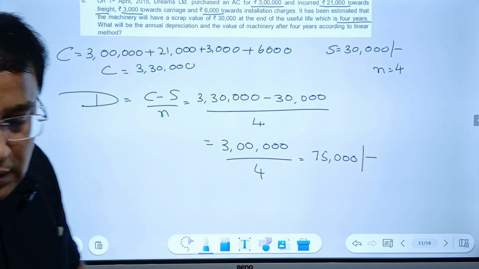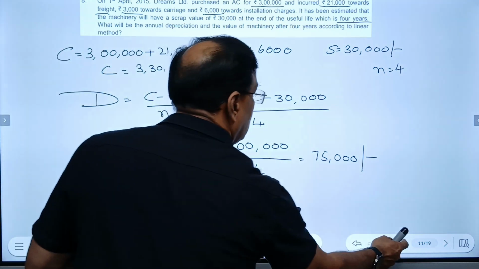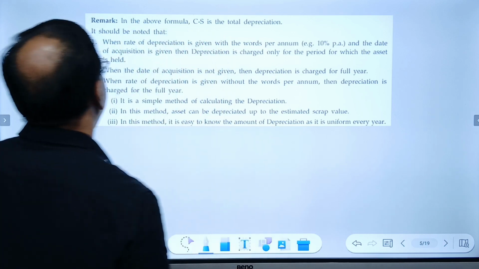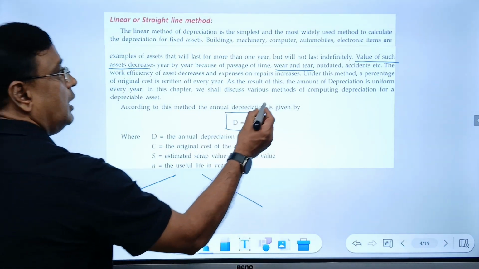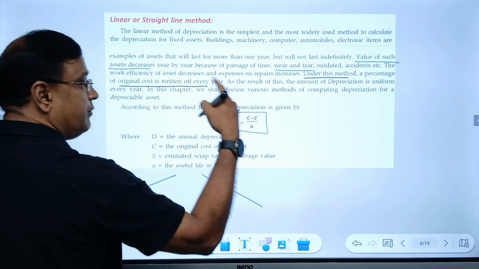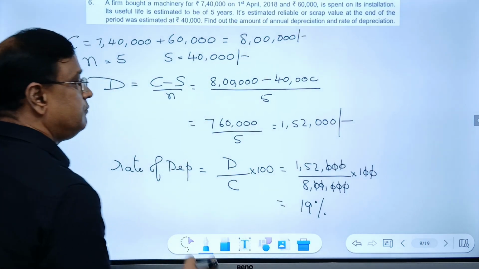Is it clear? Now, for this particular problem alone, as I told you, how to make the depreciation schedule. I told you that under this method, the percentage of original cost is written off every year. So maybe I'll just show you how that depreciation chart works here.